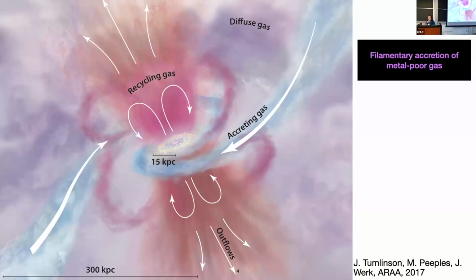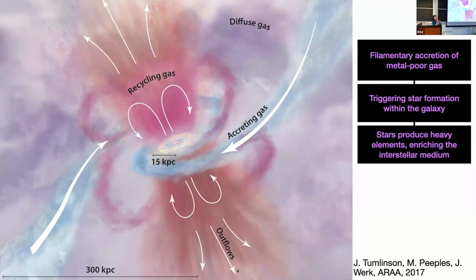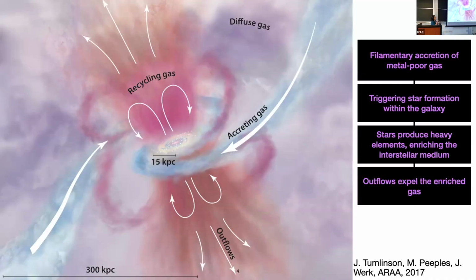This gas gets accreted onto the central part of the galaxy, in the innermost 30 kiloparsecs or so. This metal-poor gas then triggers star formation within the galaxy. The stars that are formed synthesize heavy elements and enrich the interstellar medium. Then you also have outflows driven by AGN or stellar feedback, which expel the gas away from the galaxy.